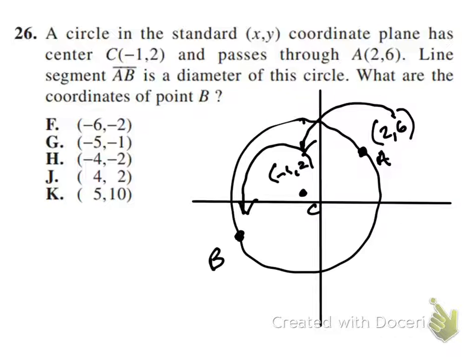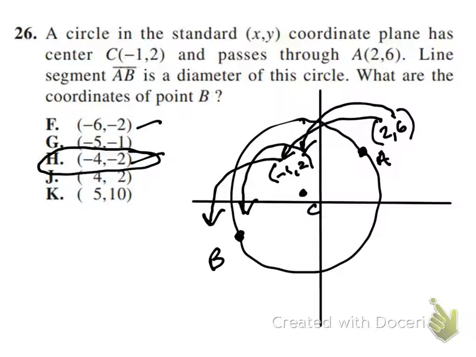So that gives us 2 choices, this one or this one. If I go from 2 to -1, I subtracted 3. -1, subtract 3 more, we're going to get -4.